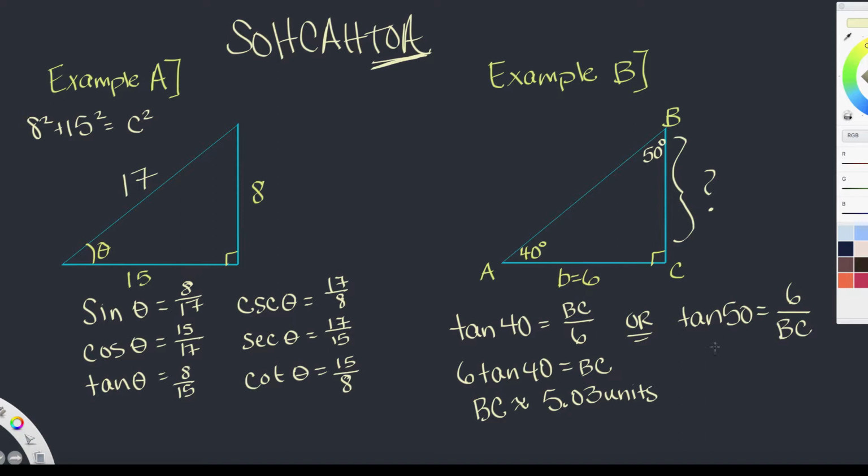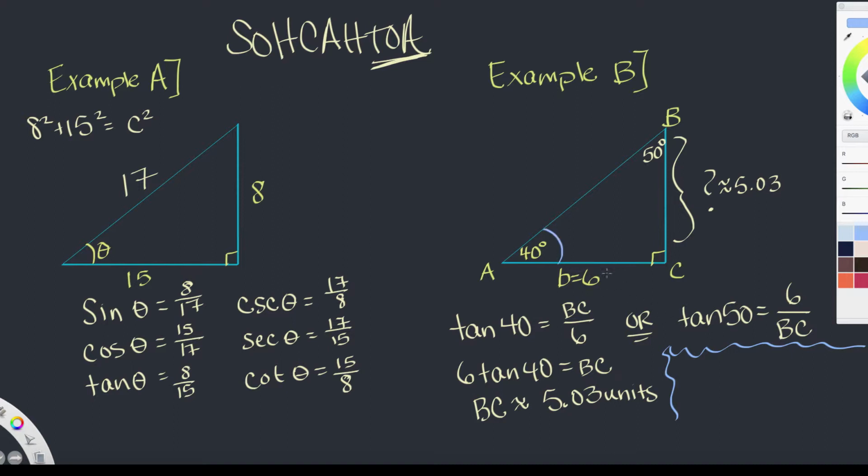Okay, and I could have gotten the same thing if I had solved this one. I would have ended up doing 6 divided by the tangent of 50, and I should still get approximately 5.03 units here. Now that I have two sides of my right triangle, I can use the Pythagorean theorem to get the third side, or if I want to, I can use another trig ratio to get the hypotenuse too. So either of the trig ratios that deal with the hypotenuse.